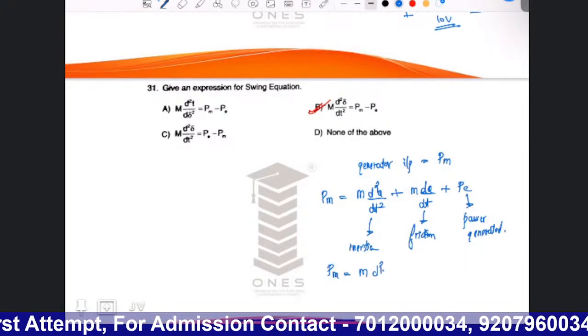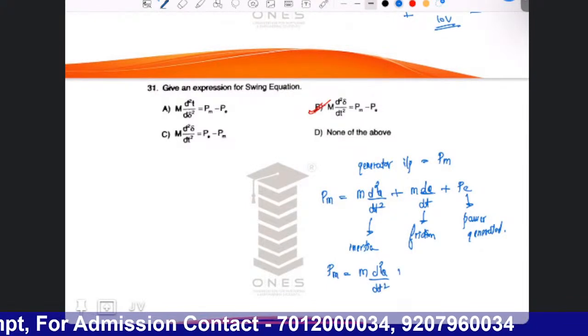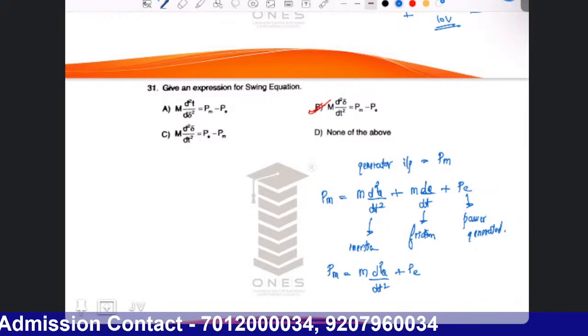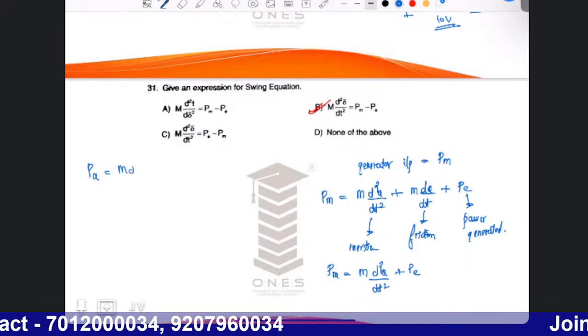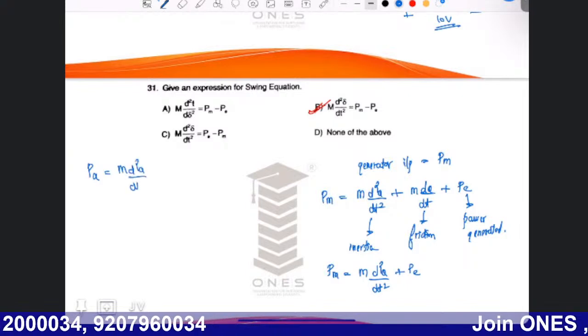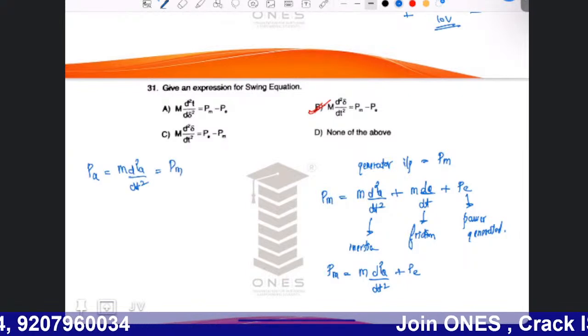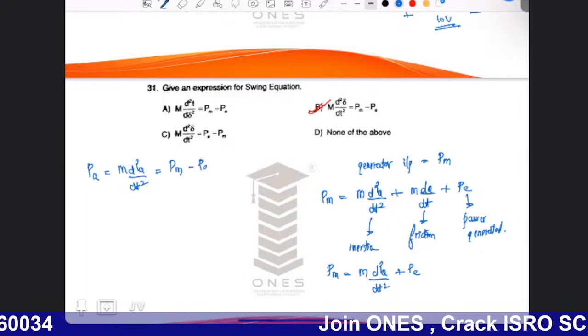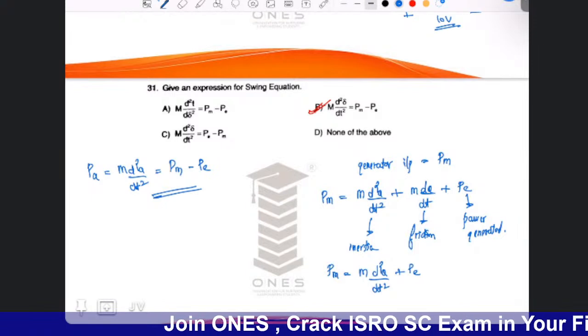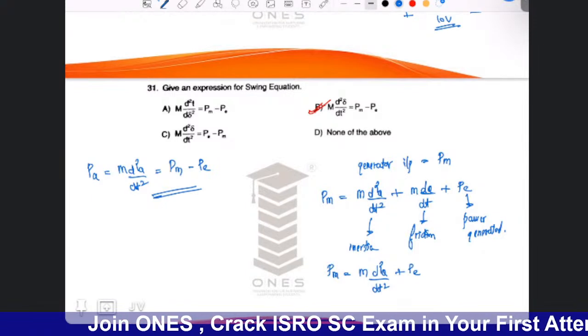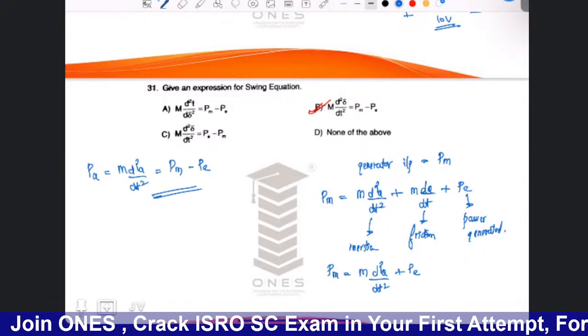M into d square theta by dt square plus Pe. സോ ഇതാണ് എന്ത്? Accelerating power Pa, അതായത് M d square theta by dt square is equal to Pm. Pe അപ്പുറത്തെ സൈഡിലേക്ക് പോകും. So that will become Pm minus Pe. Okay, so swing equation will be option B.